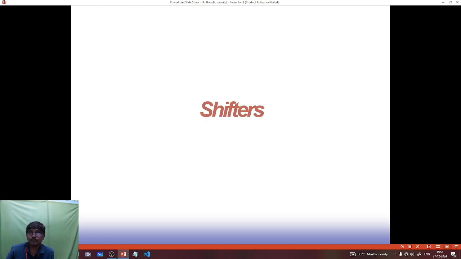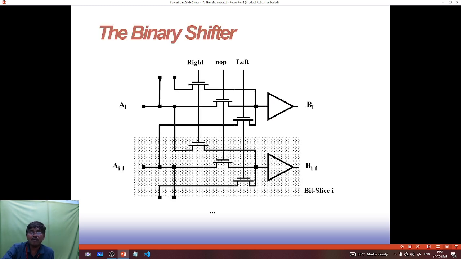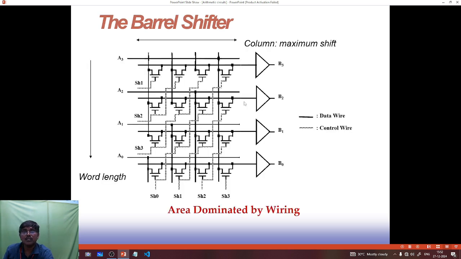Shifters. This is nothing but a binary shifter, whether left or right, based on the application we have to shift. Parallel shifter, this is area dominated. So this is a parallel shifter, where there are A0, A1, A2, A3, and the outputs will be P0, P1, P2, P3, and based on the multiplier selection, it will be a right shift or a left shift, and the shifting process is also given here.